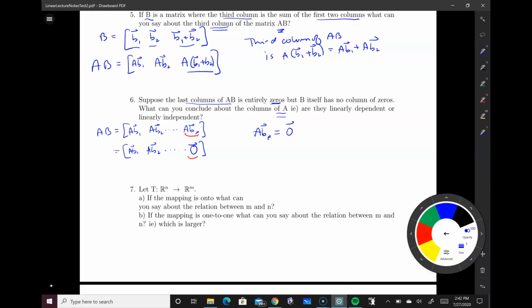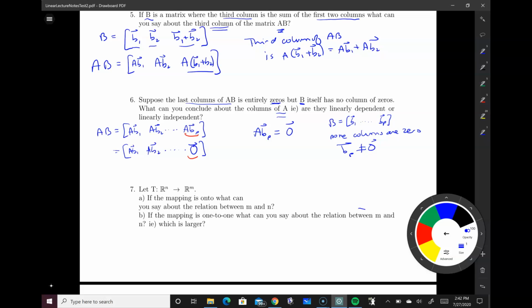So what did we know about the matrix B? The matrix B is just made up of B1, dot, dot, dot, all the way to BP, all separate vectors, and none of the columns are 0. So that means that BP is not equal to the 0 vector.